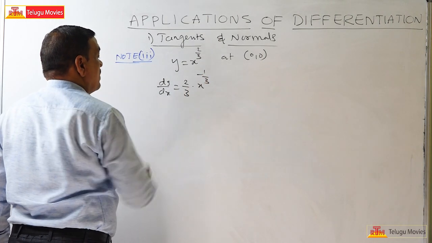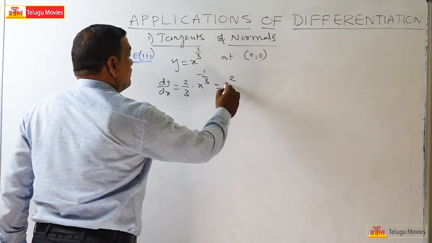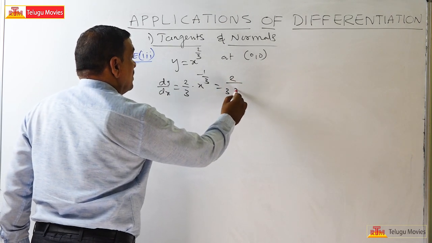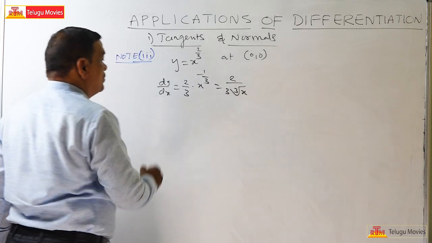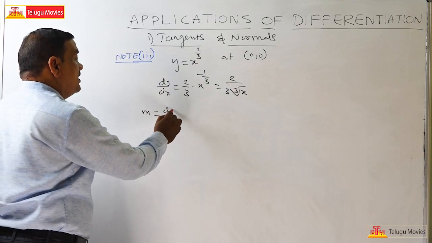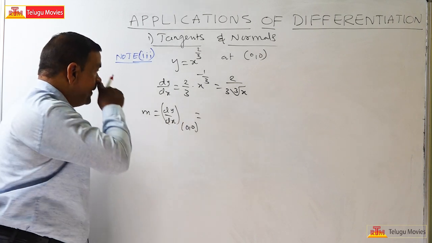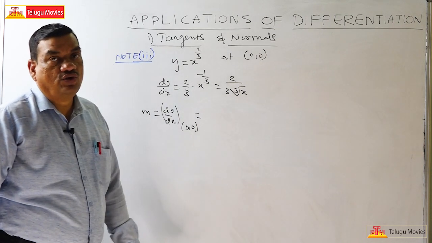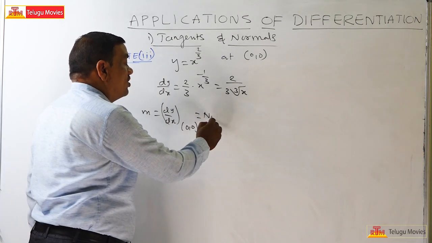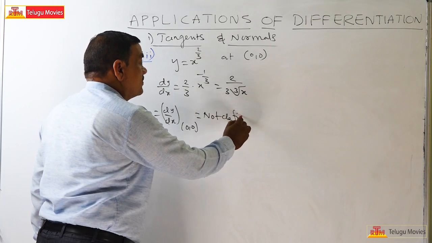This is x to the power of minus 1 by 3. That means 2 by 3 times the cube root of x. So what is the slope of the tangent, dy by dx at (0, 0)? See here, substitute 0 here. So definitely it is not defined.